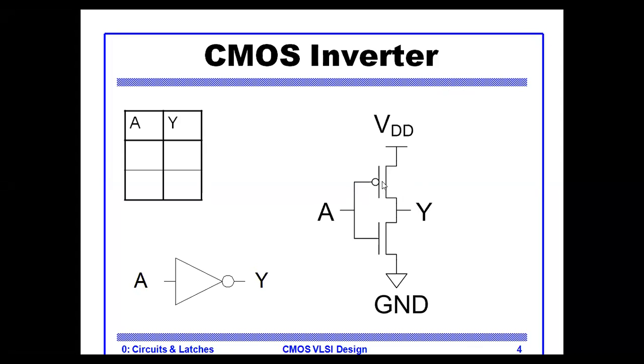By connecting the gate terminals of the two transistors, we can apply the input signal to this inverter. So this is the CMOS inverter circuit.